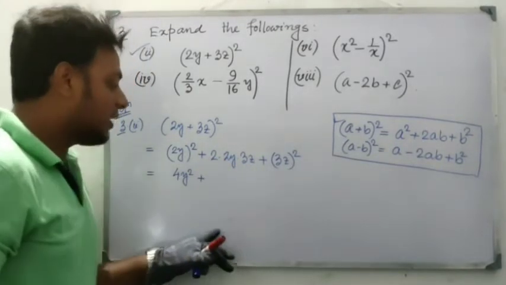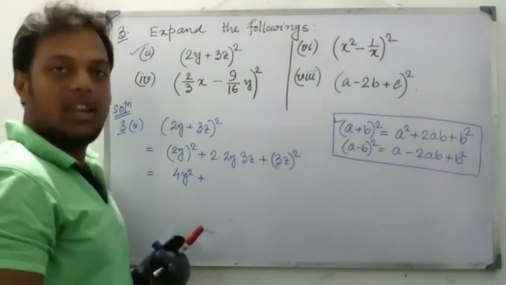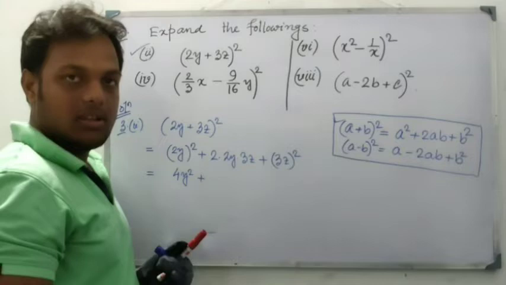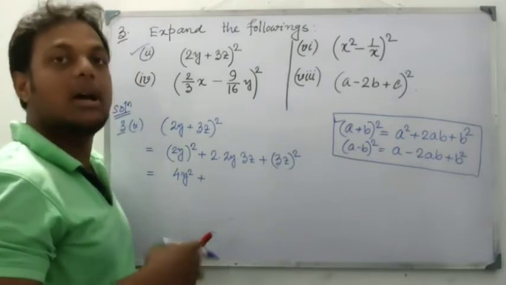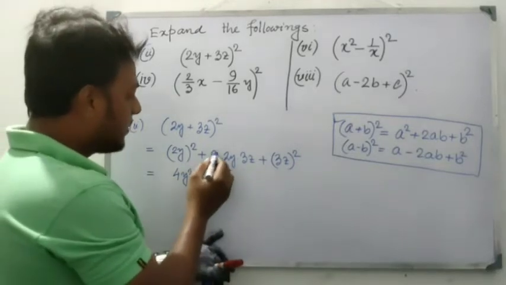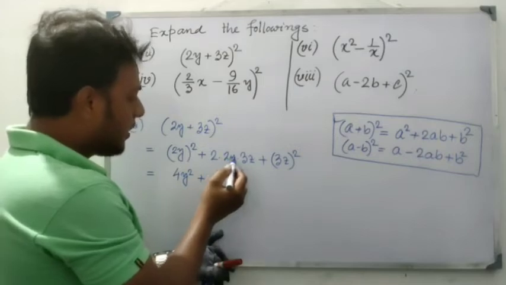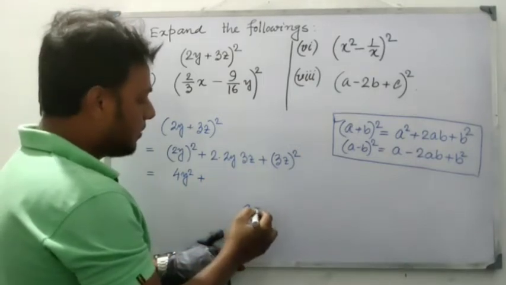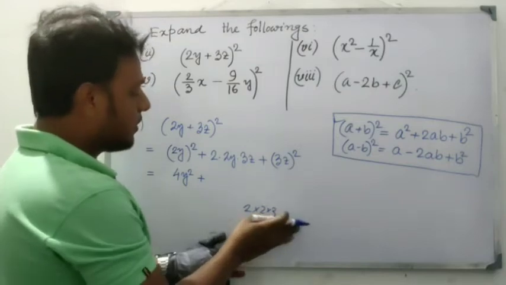Here 3 factors are there, so first multiply the constant part, which means the numbers. Multiply the numbers only. Here the numbers are 2, 2 and 3. 2 into 2 is 4, 4 into 3 is 12.